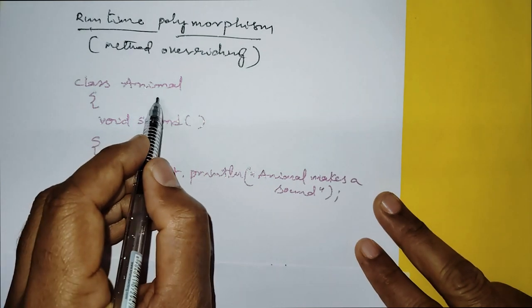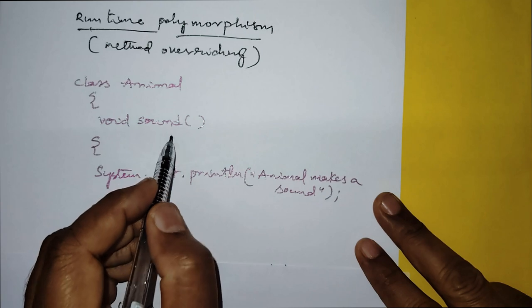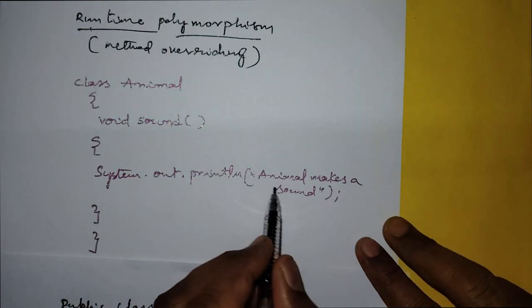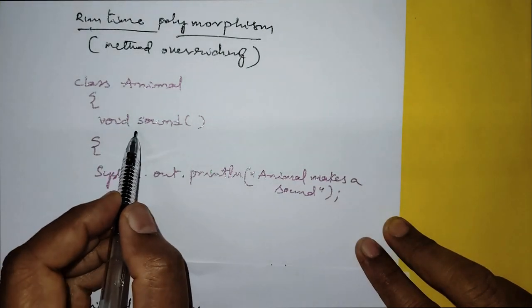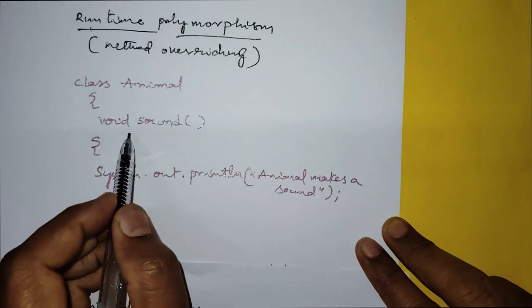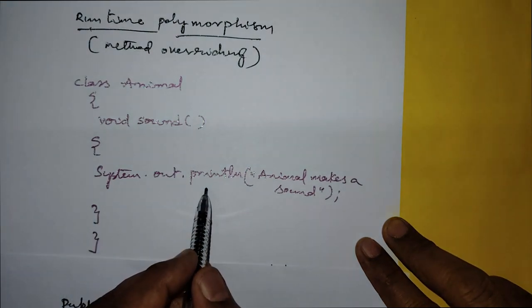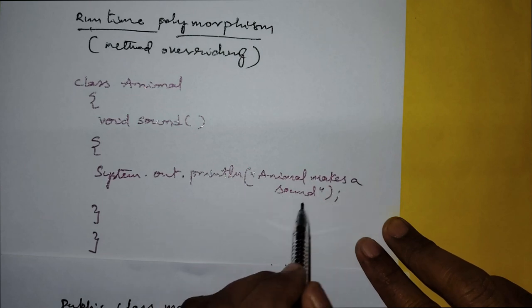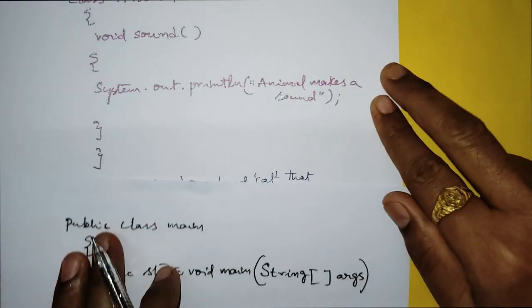The Animal class has a method, the sound method, which prints a generic message indicating that the animal makes a sound.